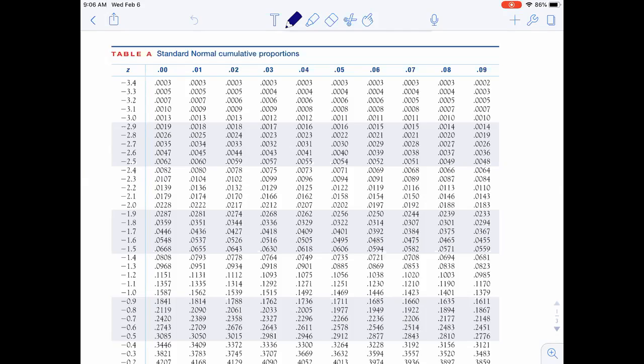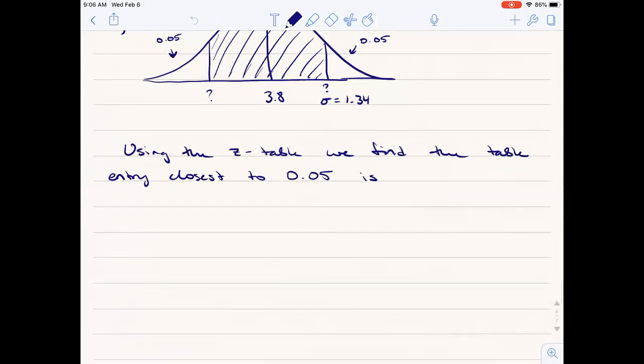Write that down. It's either 0.0505 or 0.0495. You're just going to tell me which one you're using. I will use, I don't know, 0.0505. But you could just as well use 0.0495, doesn't matter.